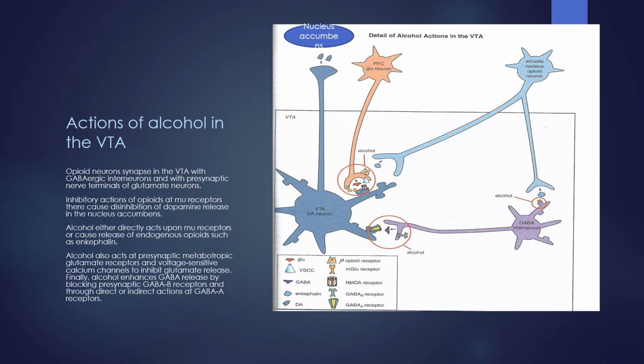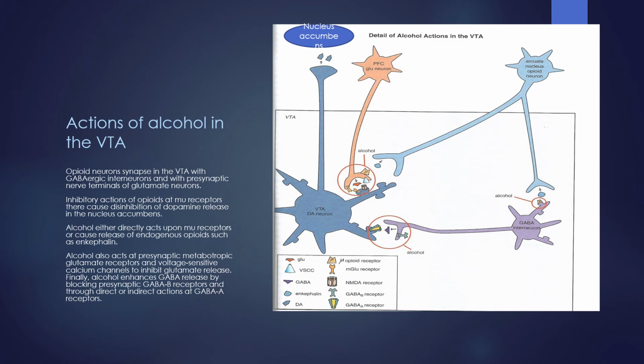So opioid neurons, these are opioid neurons in the arcuate nucleus, and they produce enkephalin. So this enkephalin also plays a role here. Opioid neurons synapse in the ventral tegmental area with GABAergic neurons. So within the ventral tegmental area, this is the arcuate nucleus.